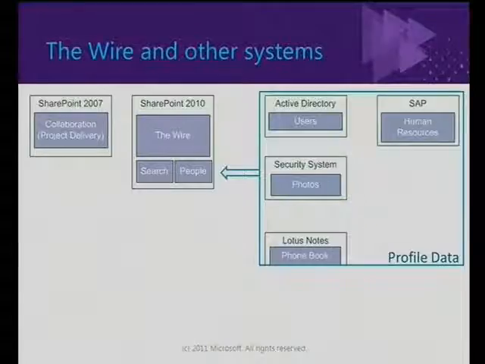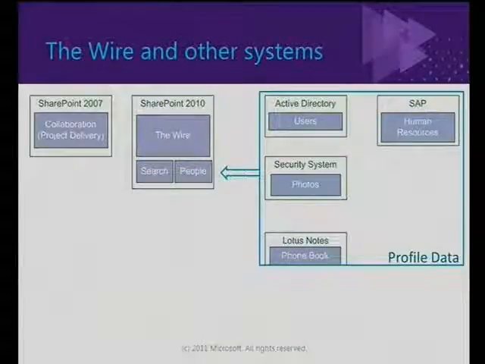So our profile data was a bit non-standard. Normally, you'd obviously push SharePoint off to have a talk to AD, and you get a lot of information about your people back. Our AD was fairly sparsely populated. It was really used for authentication, and that was about it. So SAP holds all of our human resources information. That information about the activity of the user, that is, is this person actually valid and live within the organisation, and basically their name, gets pushed into AD.